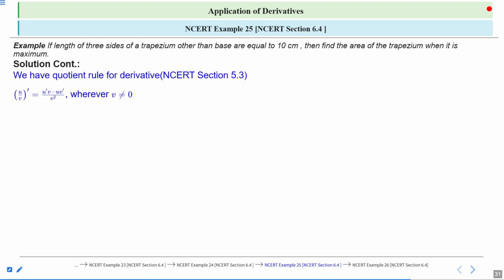We have the quotient rule for derivative. You can refer again to NCERT section 5.3 for the quotient rule, which is (u upon v)' equal to u'v minus uv' upon v square, where v not equal to 0.